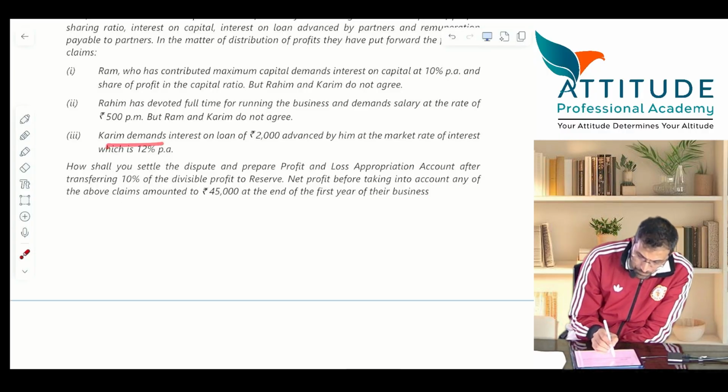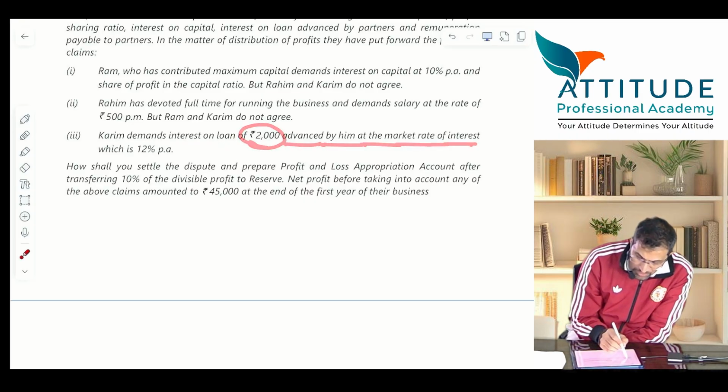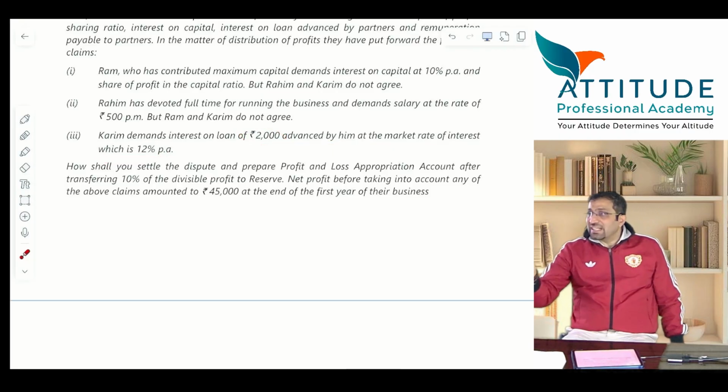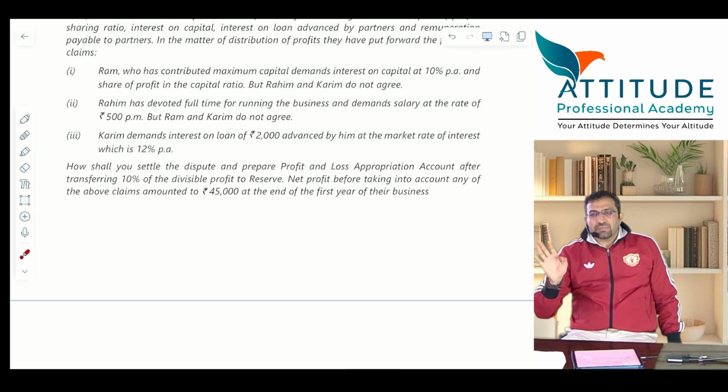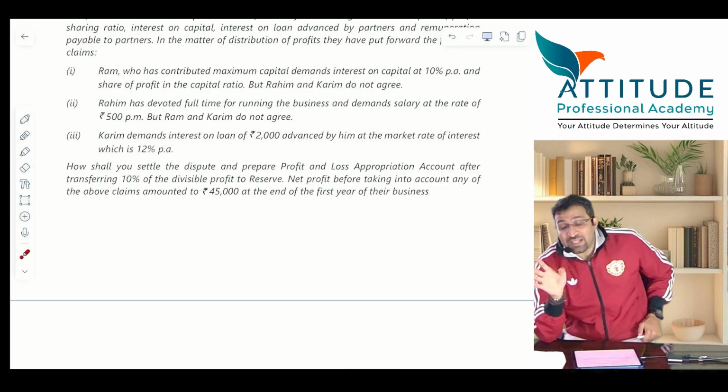Karim demands interest on loan of 2000. Interest on loan of 2000 advanced by him at a market interest rate which is 12%. Karim is partially right. He is not fully right. Karim has given a loan. Karim को बोलो कि भाई nothing is mentioned about interest on loan. You will get as per the partnership act, not partnership deed.